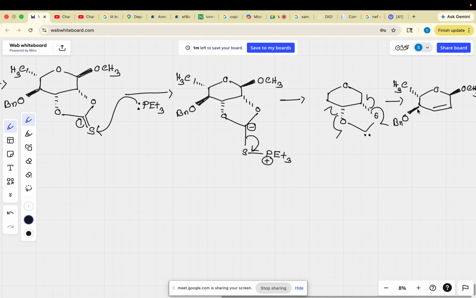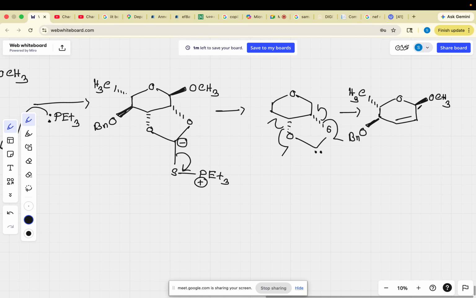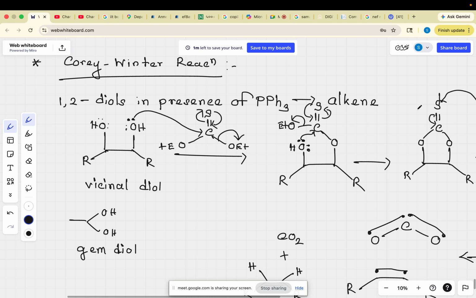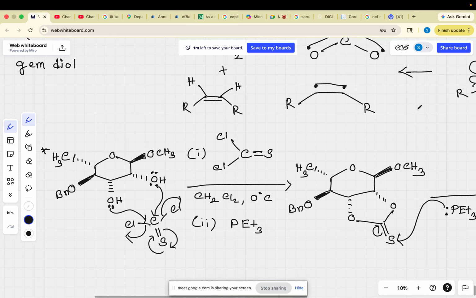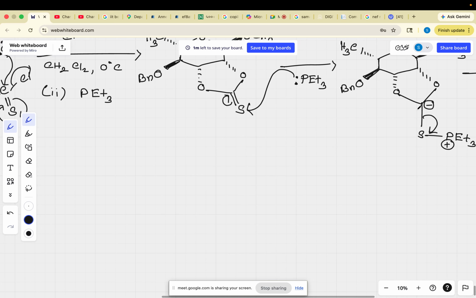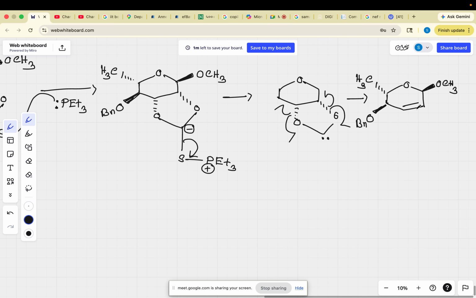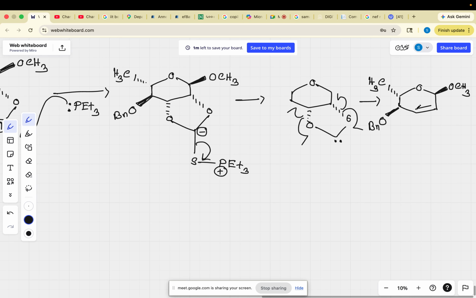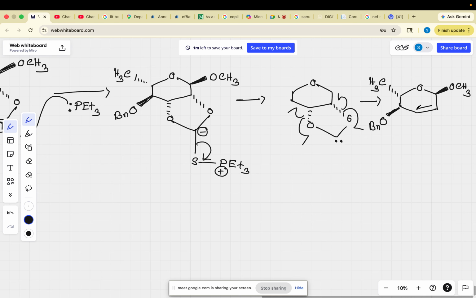Tell me any doubt in this mechanism or in the question, any doubt you have from this Corey-Winter reaction. Corey-Winter reaction is also important. All the reactions are important, we cannot say this is important, this is not. Important reactions we are doing only. After getting this carbene compound, you have to release CO2 from here.